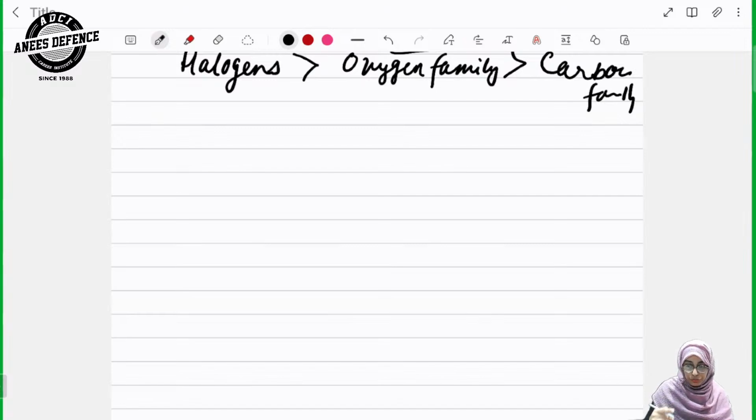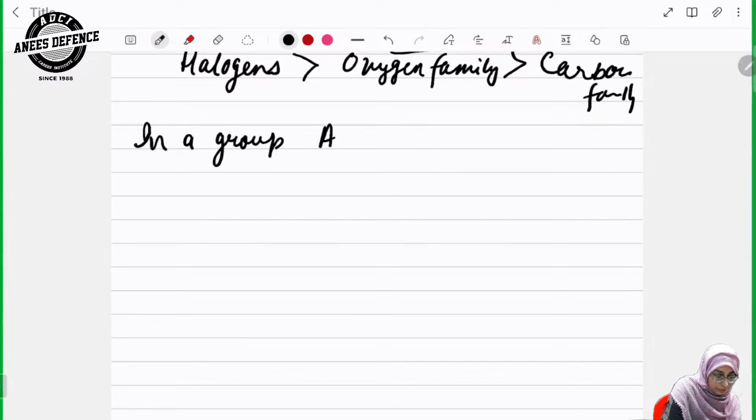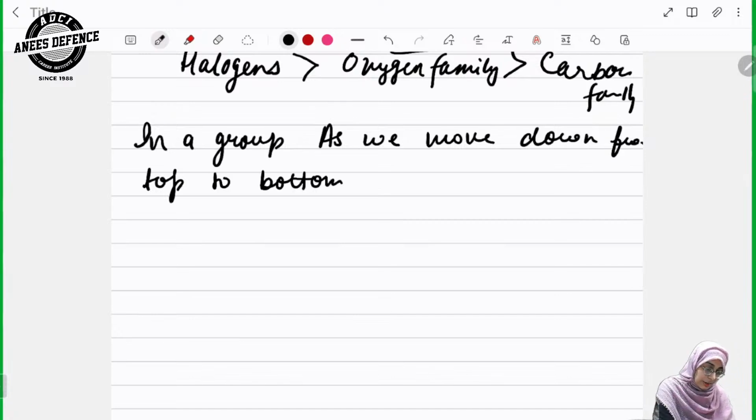So in a group, moving down from top to bottom, the electron affinity decreases because atomic size increases.